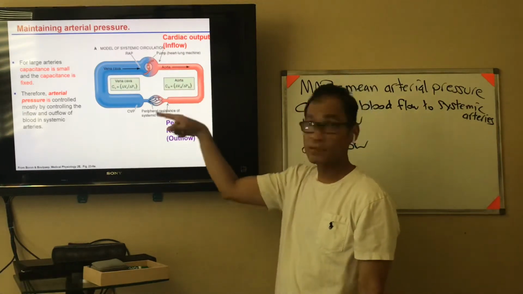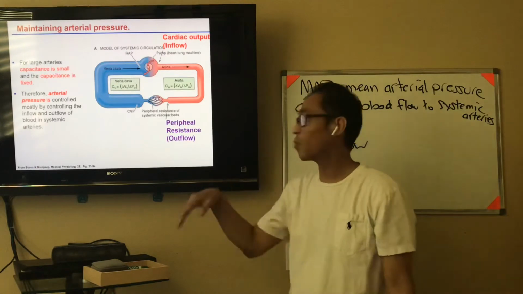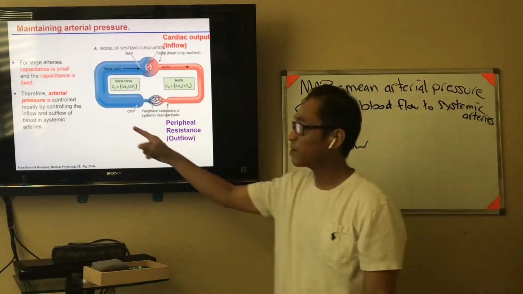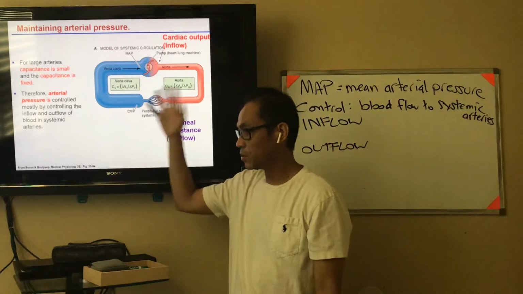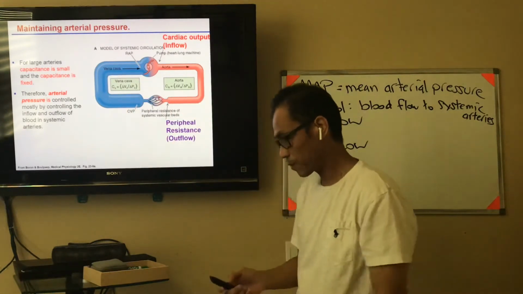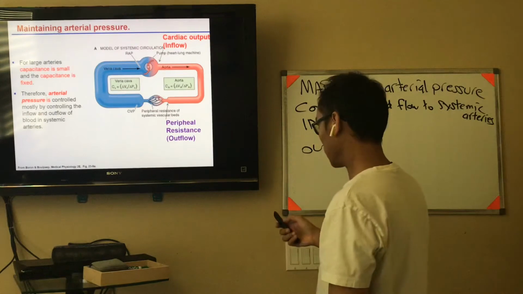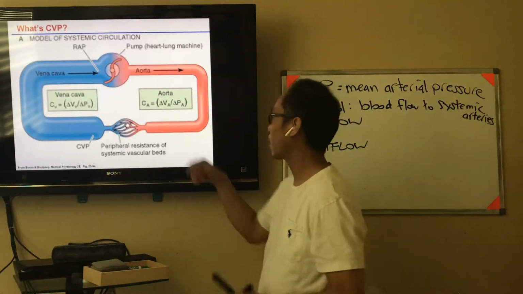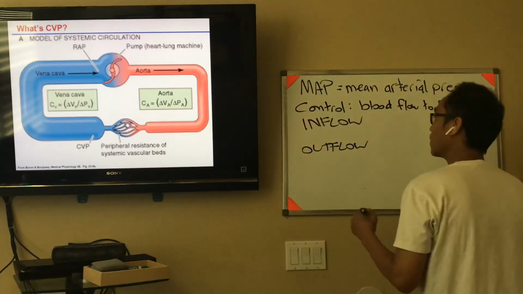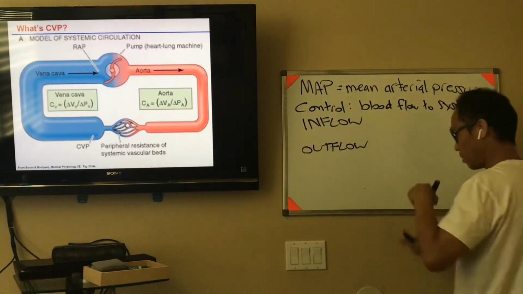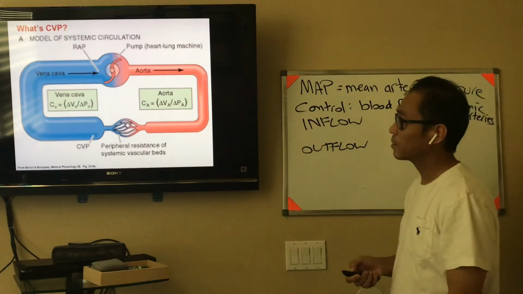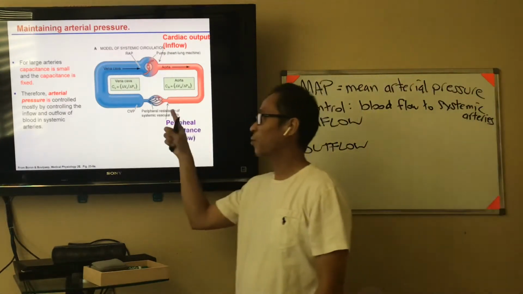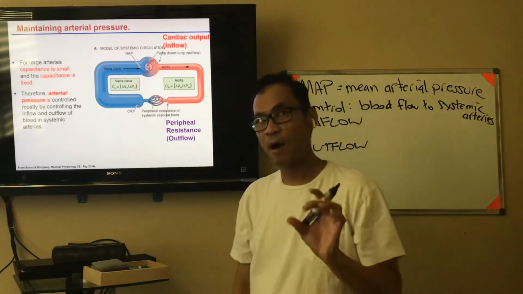Blood comes in, blood goes out, and you control that. You control the pressure of the fluid inside the arterial side. Not even talking about this side yet. So just to understand this simple figure, let's review CVP. Well, I don't want to go too fast. Just to go back here, outflow is controlled by the peripheral resistance provided by arterioles.